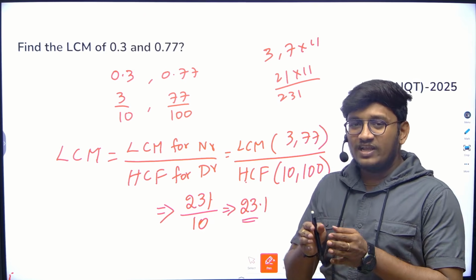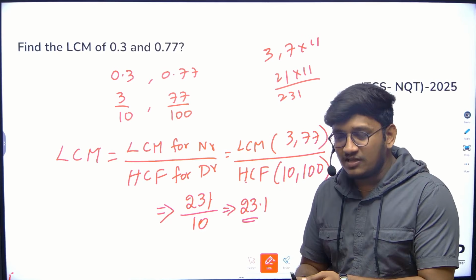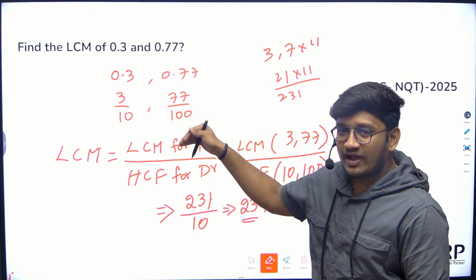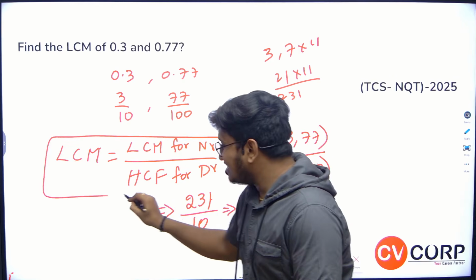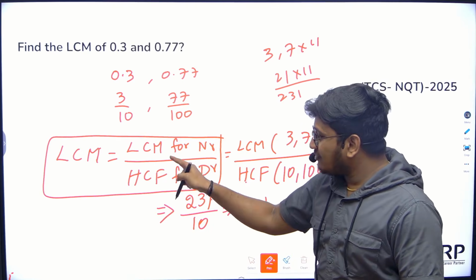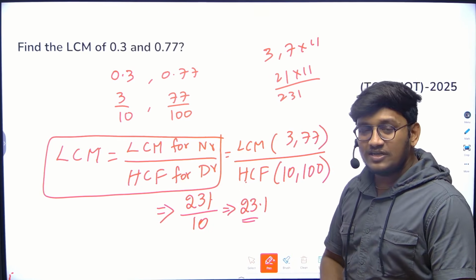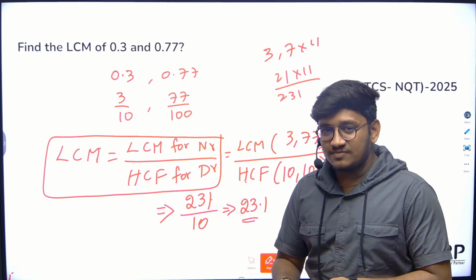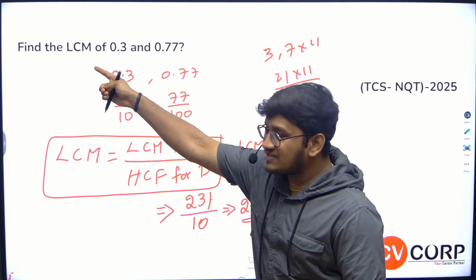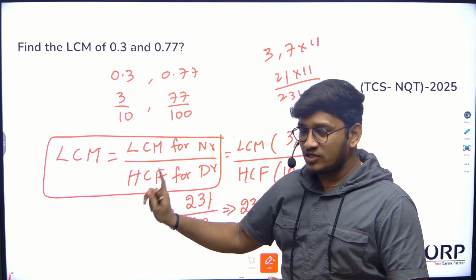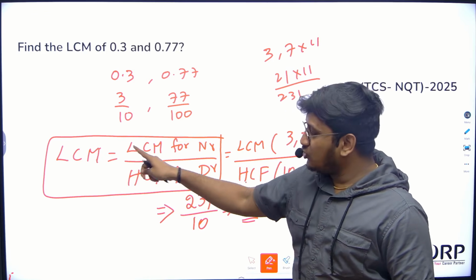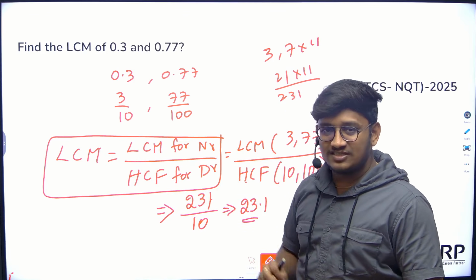Whenever you get LCM for decimals, first you need to convert them into fractions and then solve using this particular formula: LCM is equal to LCM of the numerators by HCF of the denominators. What if, instead of LCM, they ask you to find HCF of the fractions? Do remember, when you are calculating LCM, the numerator will be LCM and the denominator will be HCF.